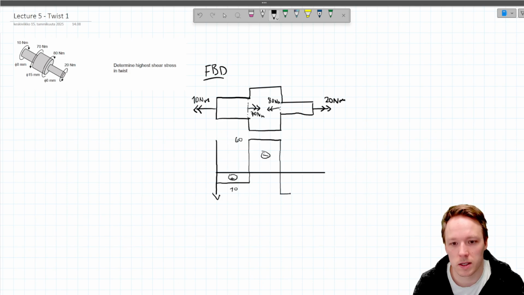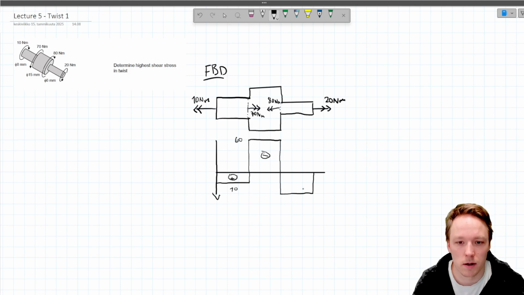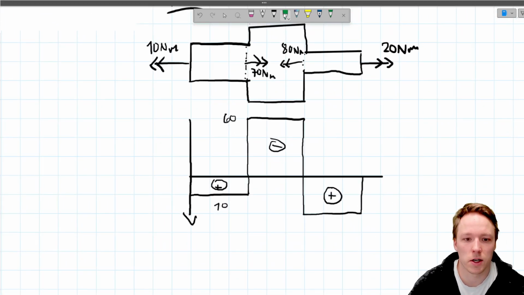And finally we stay on this value until we reach the end where we once again have 20 newton meters and we go back to 0, and it means that our structure is in equilibrium. We start from 0 and we end up at 0. And this one is positive. So that is our internal torque diagram.